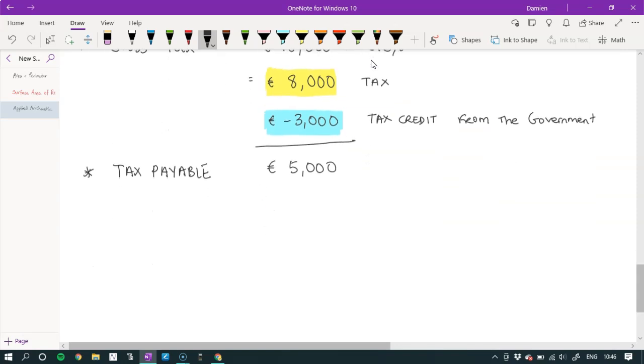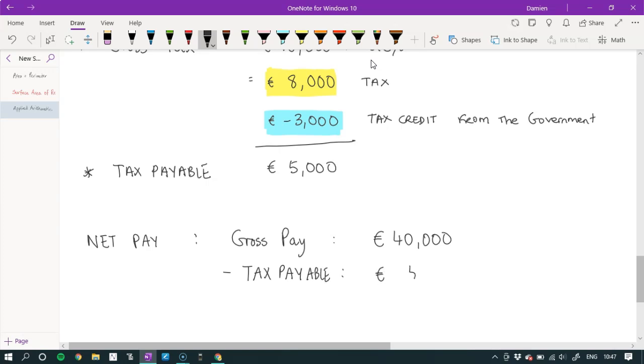So now what we've got to do is go down and work out our net pay. Now remember what your net pay is. Your net pay is going to be your gross pay. So Jess, in this example, is making 40,000 a year. Then you take away your tax payable, in other words, the tax that you have to pay. So your tax payable here is 5 grand.